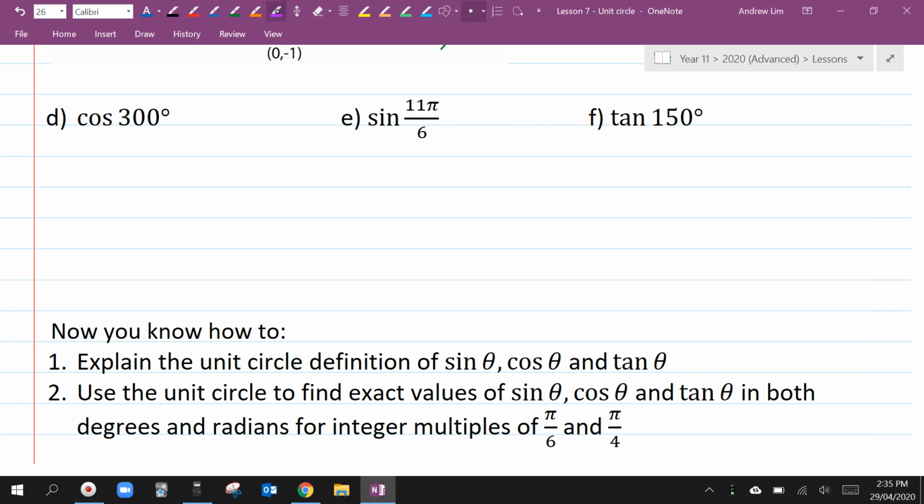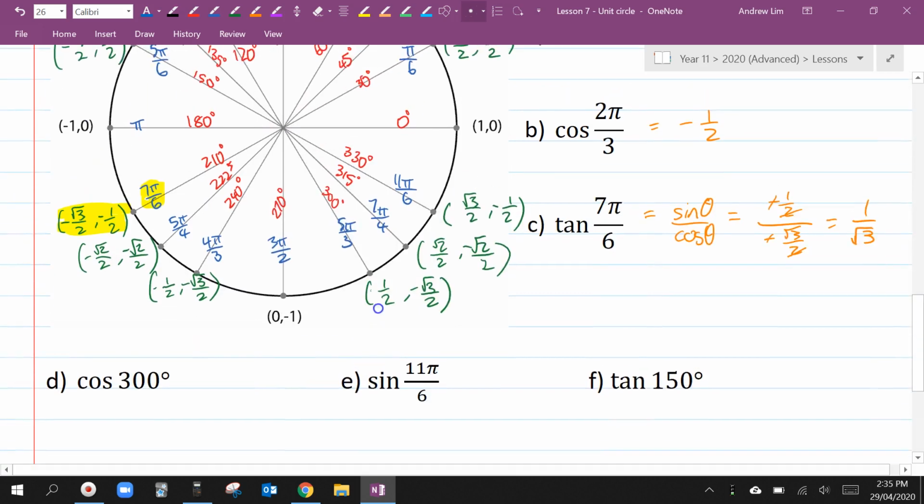Okay, so question D, cos of 300 degrees. So we're going to look for 300 degrees, which is here. So cos is the first one, okay, alphabetical order, so it's just equal to half. Sine of 11 pi on 6, 11 pi on 6 is here, sine is the second one, so it's equal to negative half. Tan of 150, 150 is here.